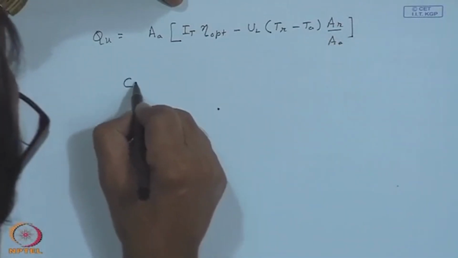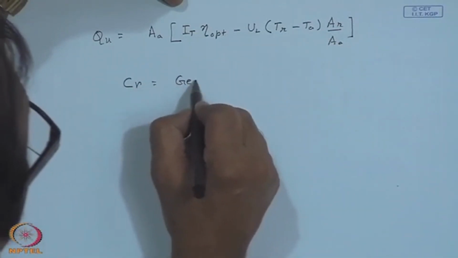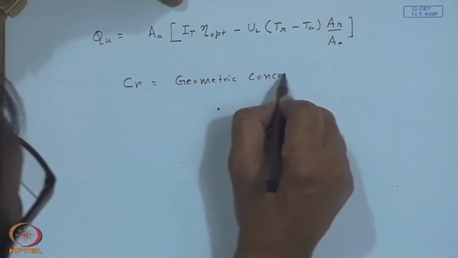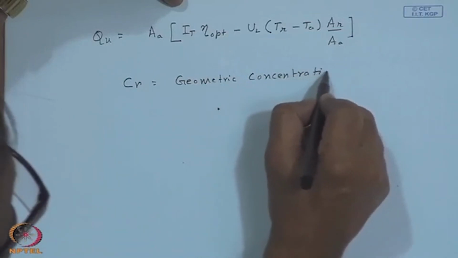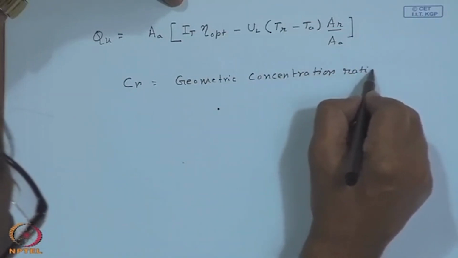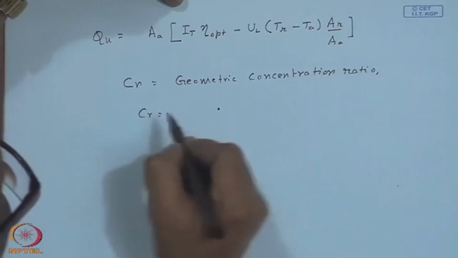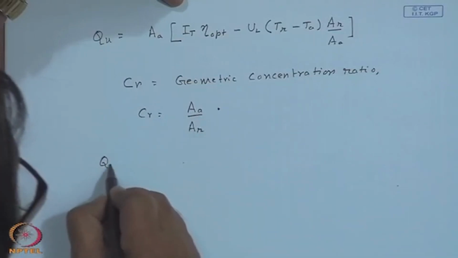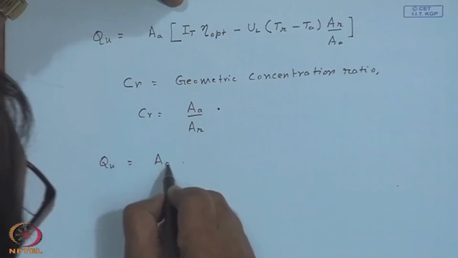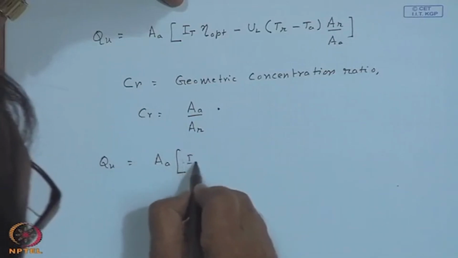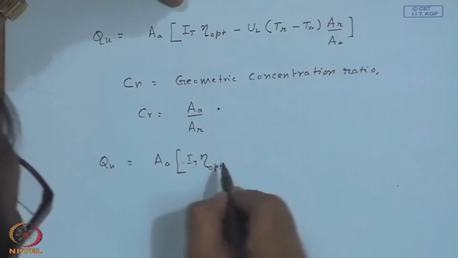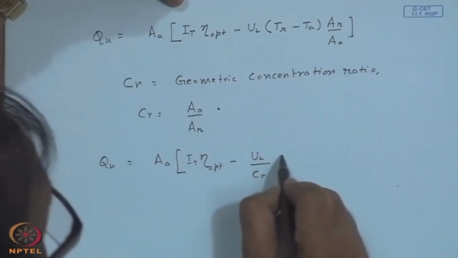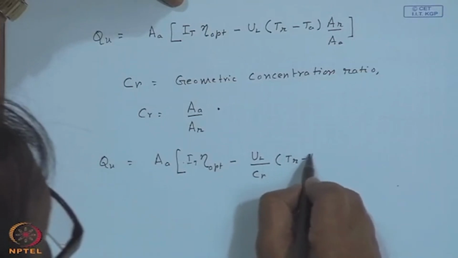Now, if I define Cr, a geometric concentration ratio, as AA by Ar, Qu can be put in this form: AA times IT eta optical minus UL by Cr times Tr minus Ta.